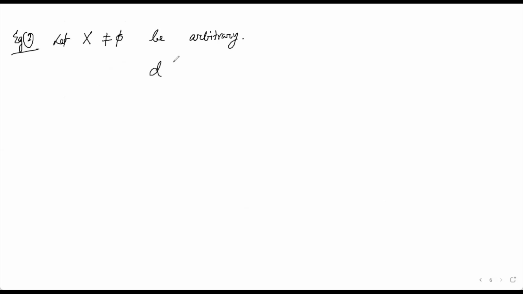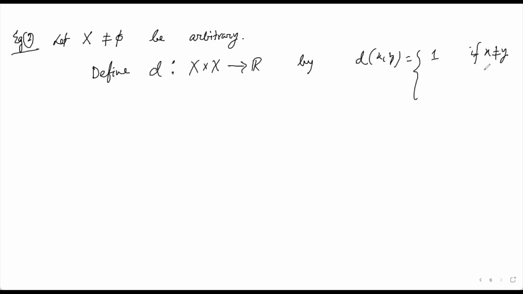Then we define d from X Cartesian product with X to R, defined by d(x, y) equal to 1 if x not equal to y, and 0 if x equal to y. So X is any non-empty set. We define d by this, then (X, d) is a metric space.